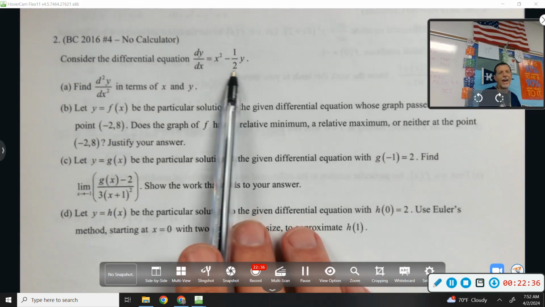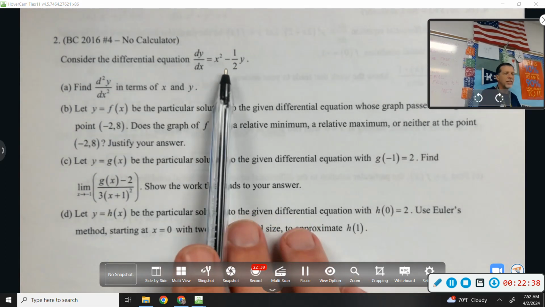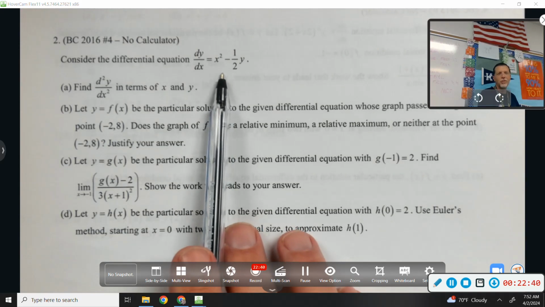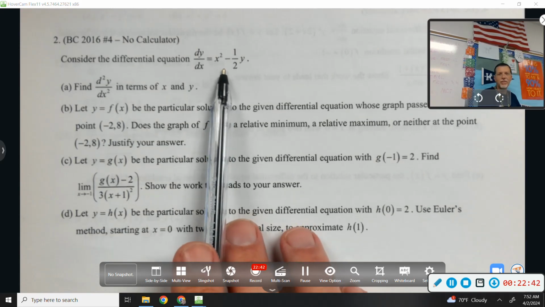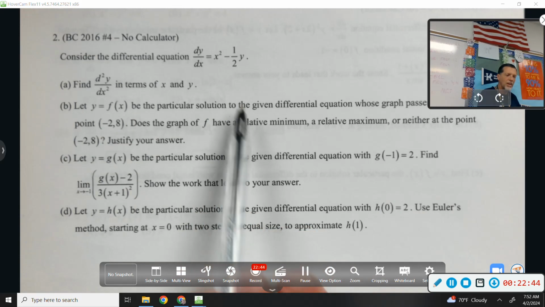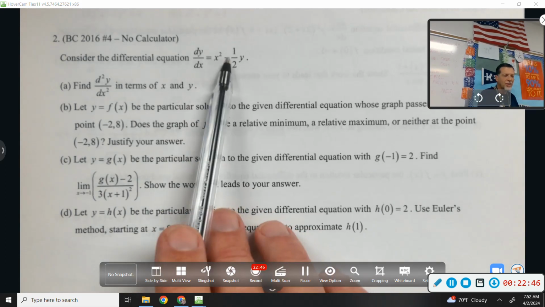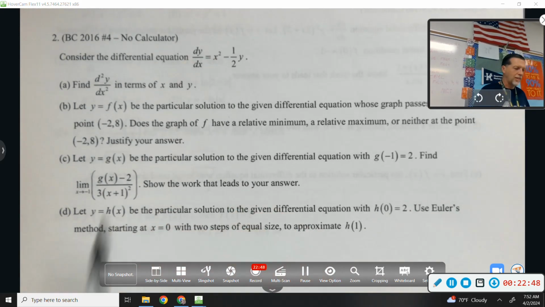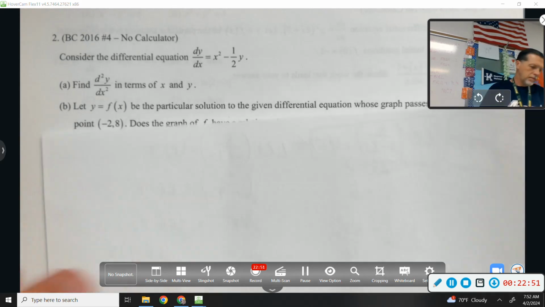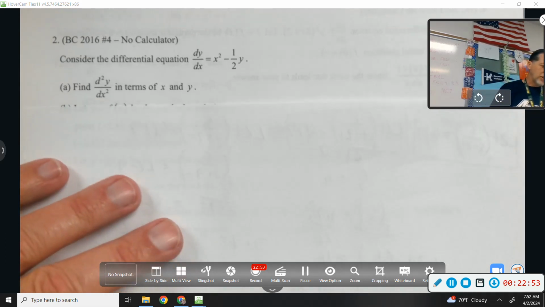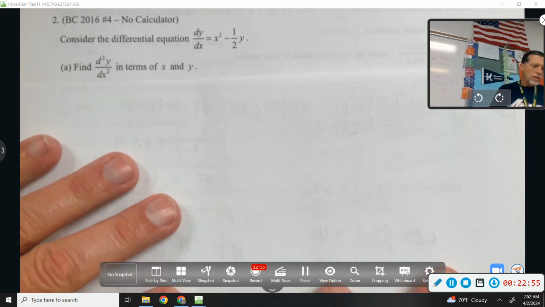I could add 1/2 y to the other side, but to separate you almost always have to divide and multiply. So I don't know what's coming on this, but they can't ask me to integrate this. Maybe in a later calculus class, but not in AB or BC.